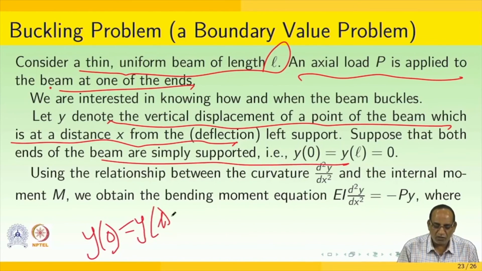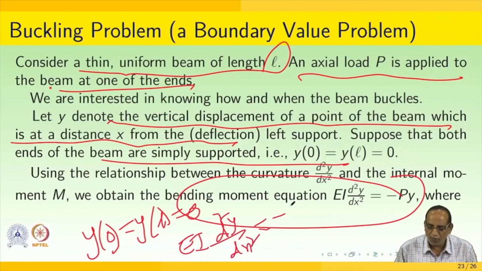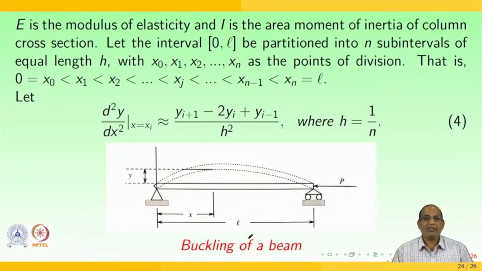Then we will have the equation EI d²y/dx² equals minus P times y. And you see from this figure, E is the modulus of elasticity and I is the area moment of inertia of the column cross section.